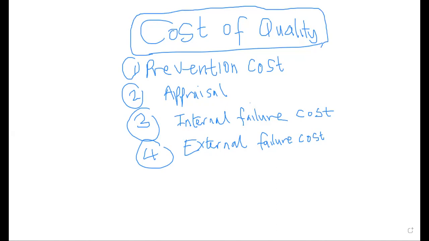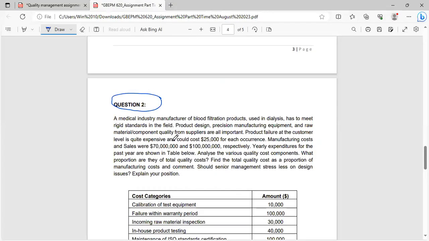Okay, then here we have a medical industry manufacturer of blood filtration products used in dialysis has to meet rigid standards in the field: the product design, precision manufacturing equipment, then raw materials, component quality from suppliers and all. Then product failure at the customer level is quite expensive.